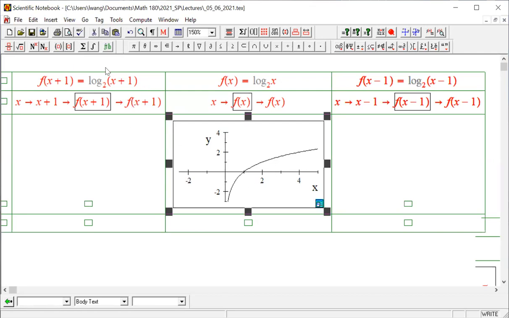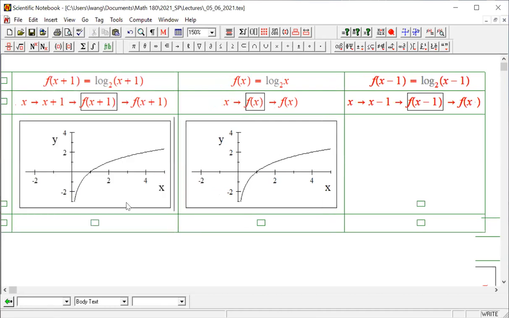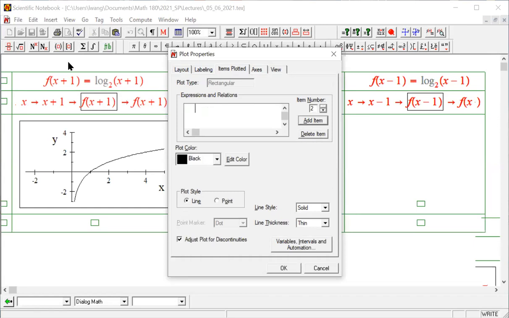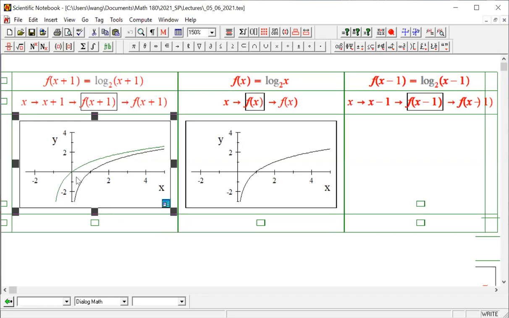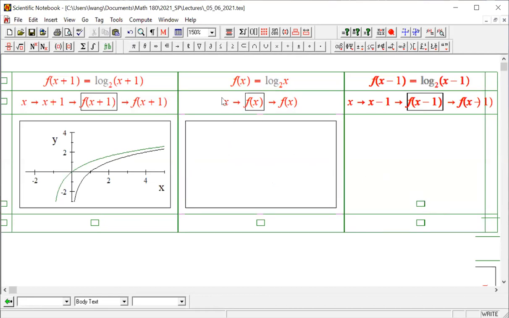So this picture is going to shift to the left. Excellent. And we're going to determine the domain. So x plus 1, and we make it green. And the other one will be shifting to the right.